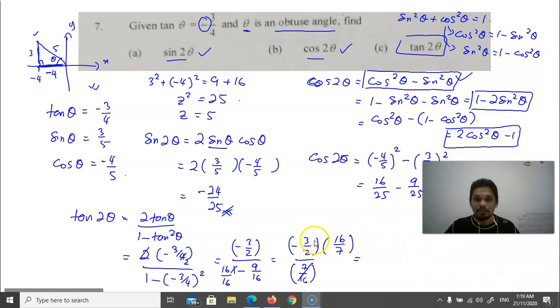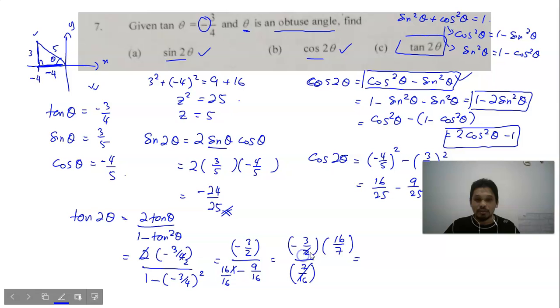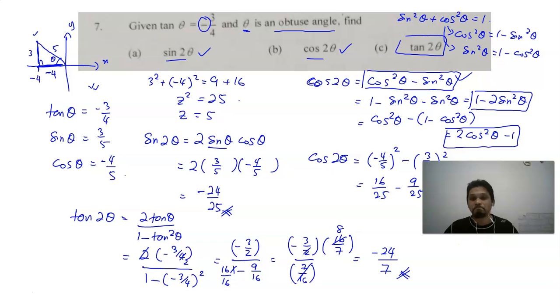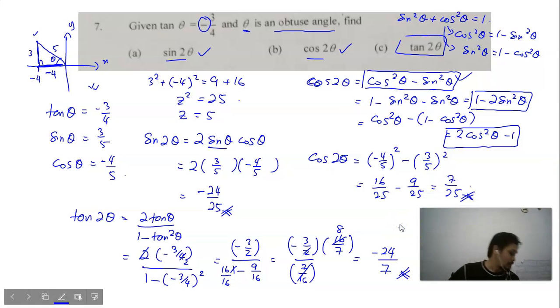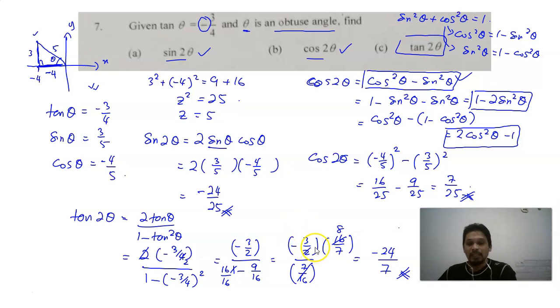That equals, with the 2 and 8, negative 3 times 8, negative 24 divided by 7. There you go. That's it. Okay, next.